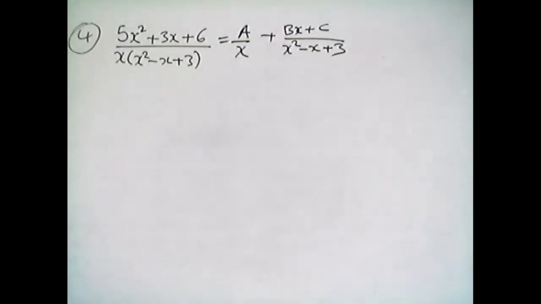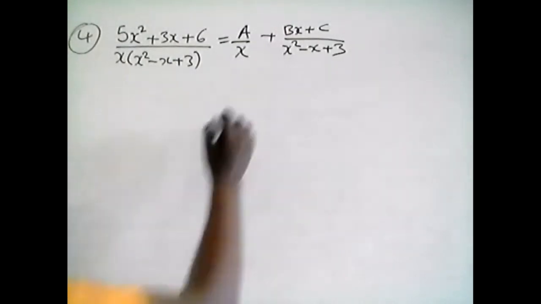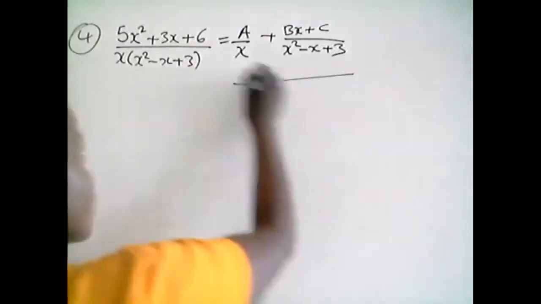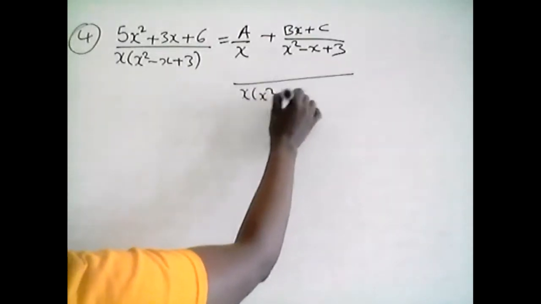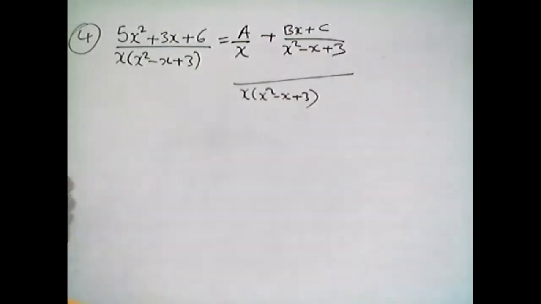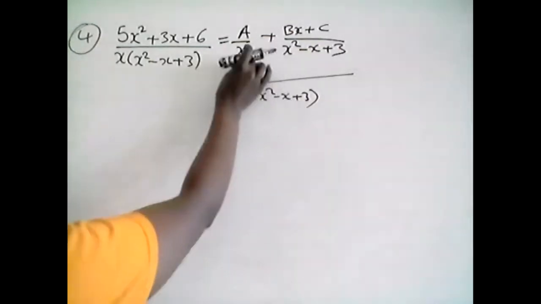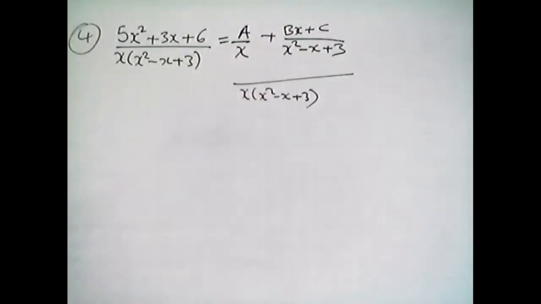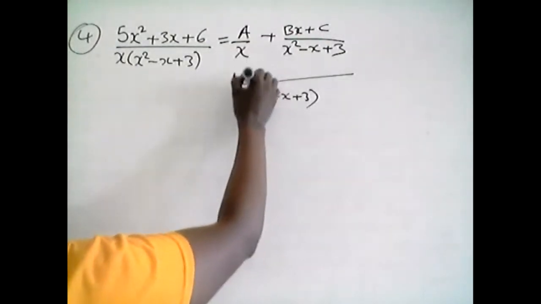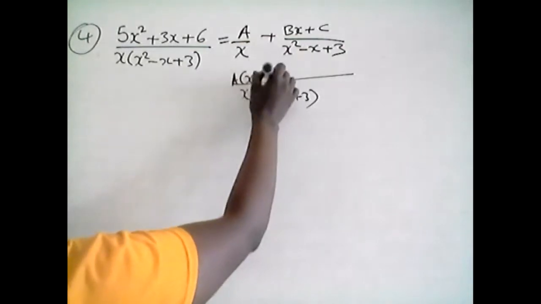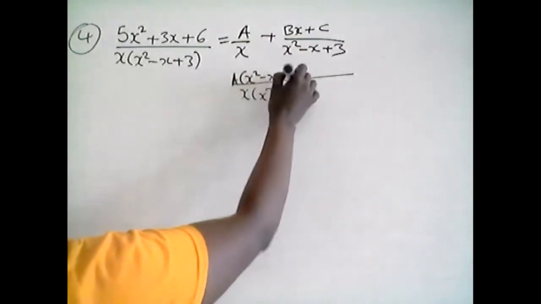After we've done that, the next thing is to find the common denominator. So we have x squared minus x plus 3. This divided by that, we'll get a multiplied by x squared minus x plus 3.